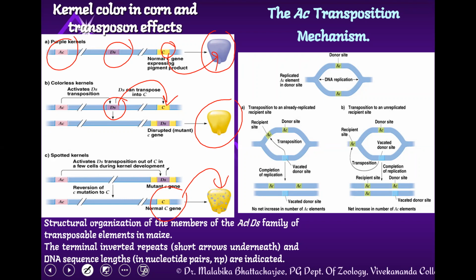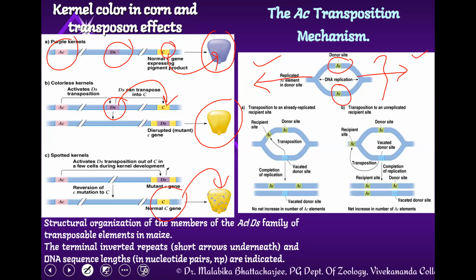So they increase in number. Now, this is an example of how they do it. This is a replication fork. This is an AC element. Replication is bidirectional. You all are aware of it.